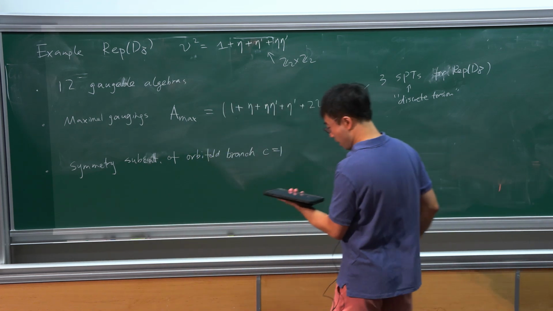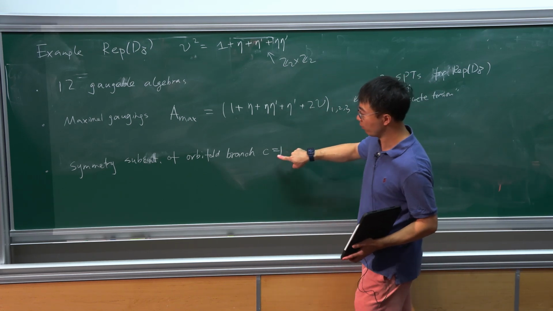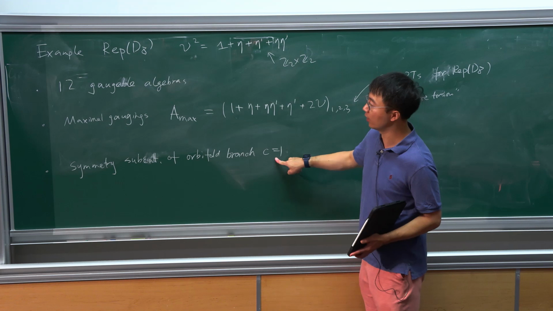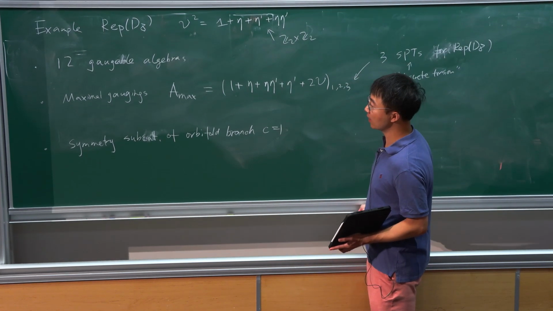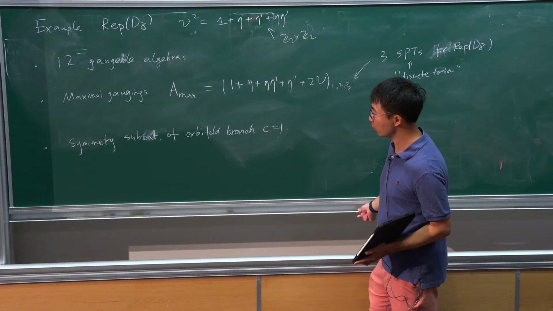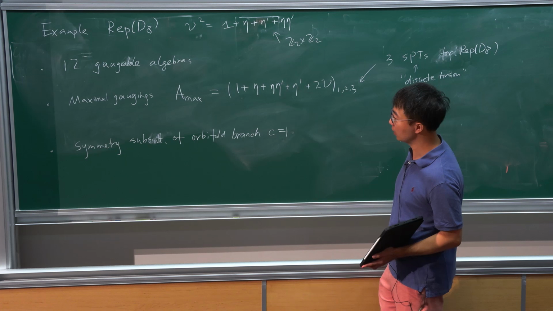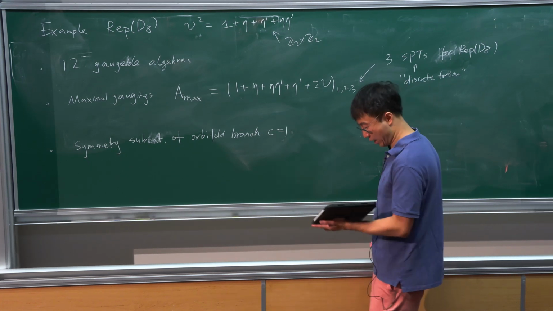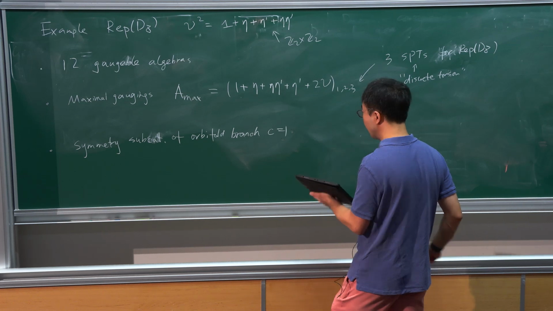And the symmetry category on the orbifold branch is actually extremely rich as far as non-invertible symmetries are concerned. Even though you lose the invertible continuous symmetry of the circle branch, all of them reincarnate into non-invertible symmetries on the orbifold branch. In particular, this Rep-D8 is part of this family.